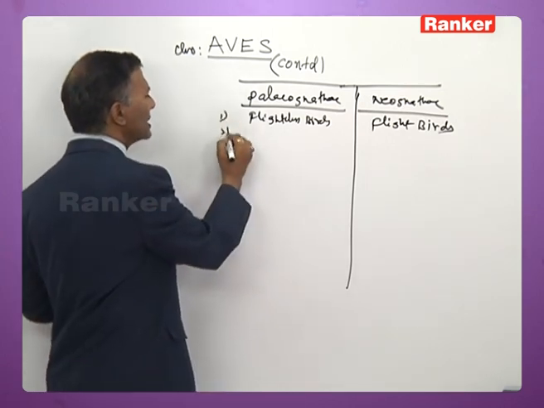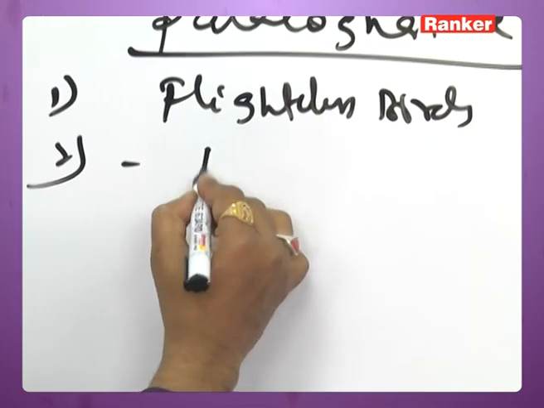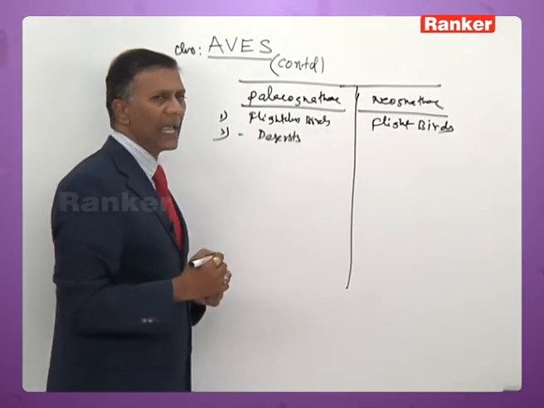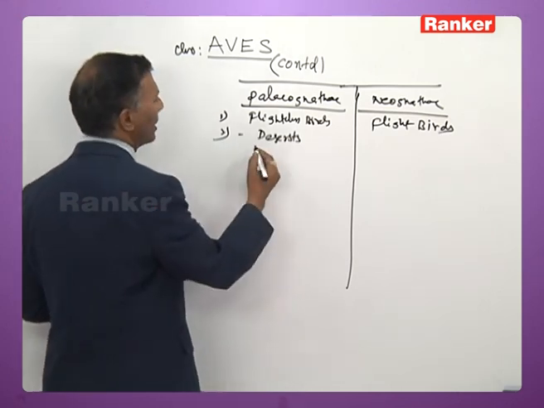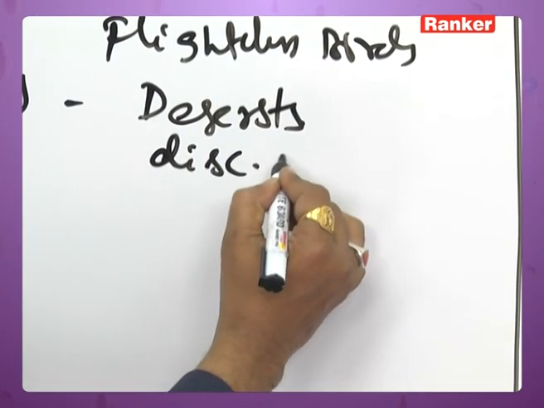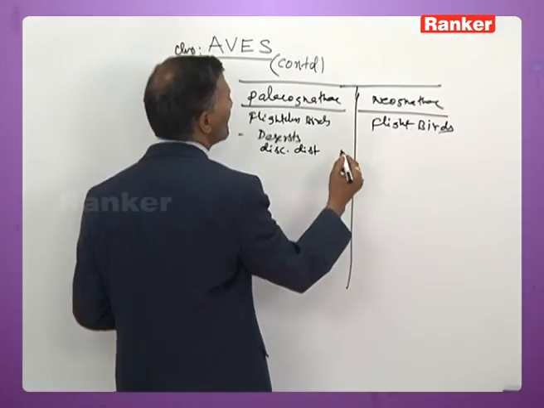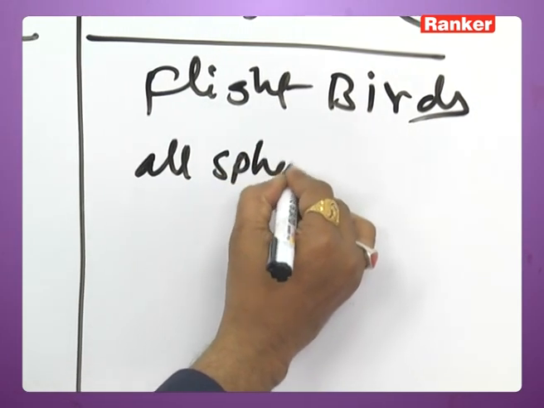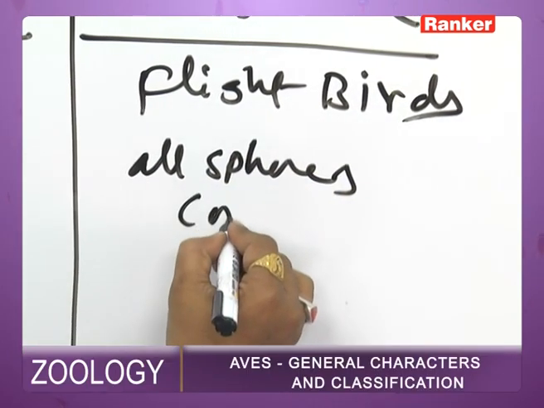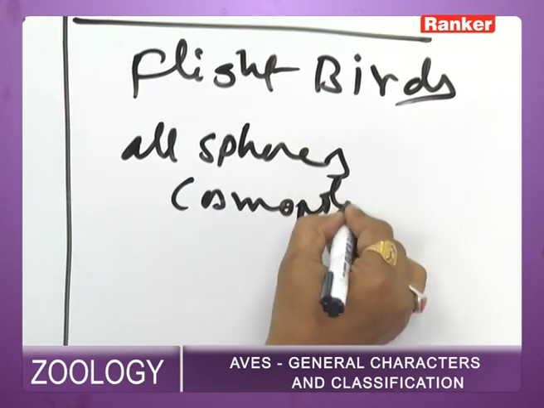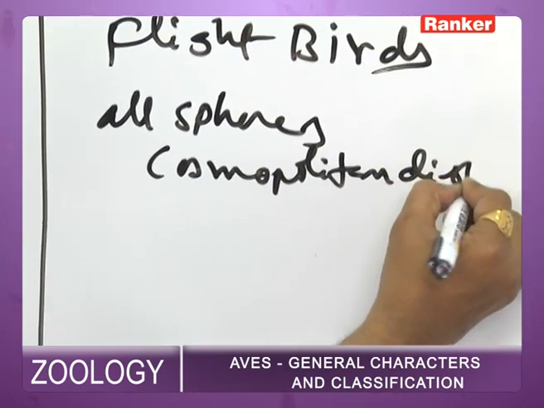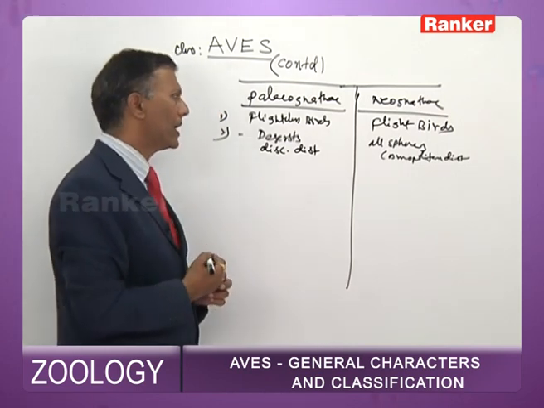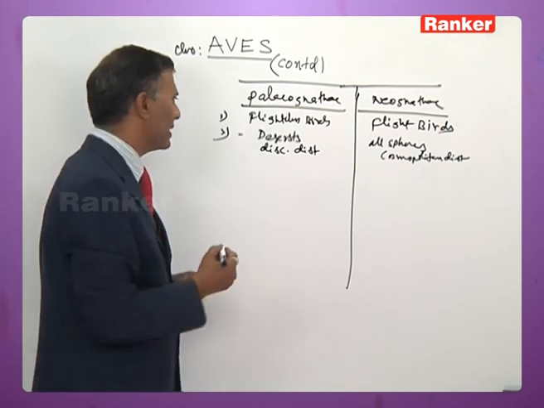These flightless birds are present mostly in deserts, that is, they exhibit discontinuous distribution, whereas the flight birds are present in all spheres and exhibit cosmopolitan distribution.